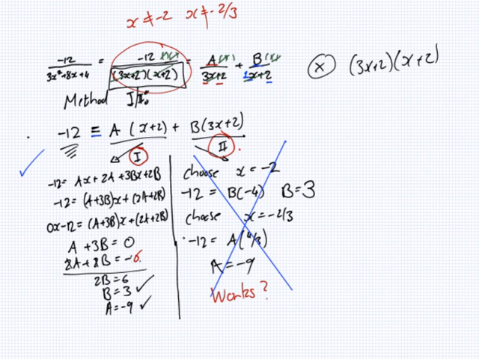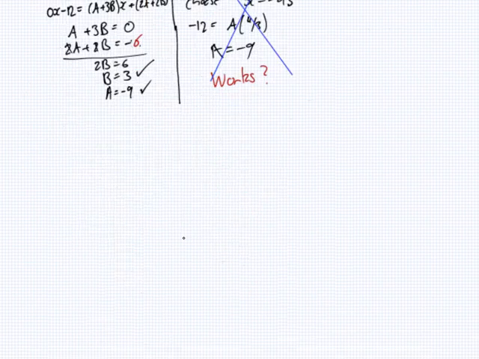So, let's see which one I want to do. Do I want to do H? Yeah, I do want to do H. H is a very good one. You'll need your calculator.